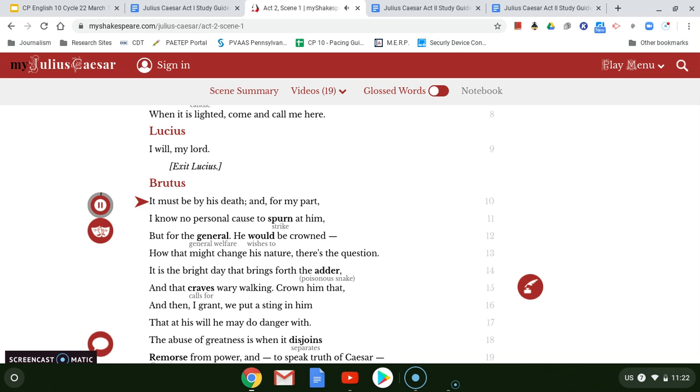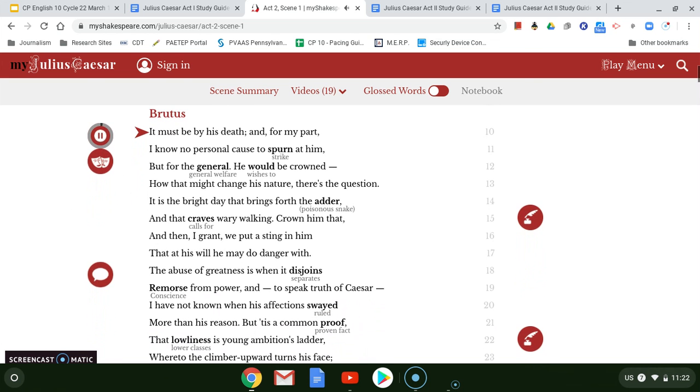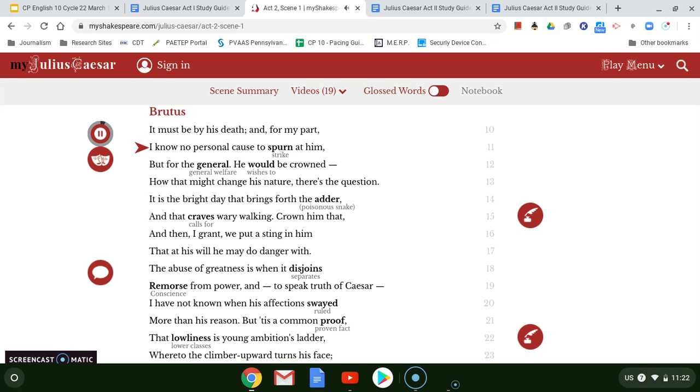It must be by his death. And for my part, I know no personal cause to spurn at him, but for the general. He would be crowned. How that might change his nature, there's the question. It is the bright day that brings forth the adder, and that craves wary walking. Crown him that, and then I grant we put a sting in him, that at his will he may do danger with.